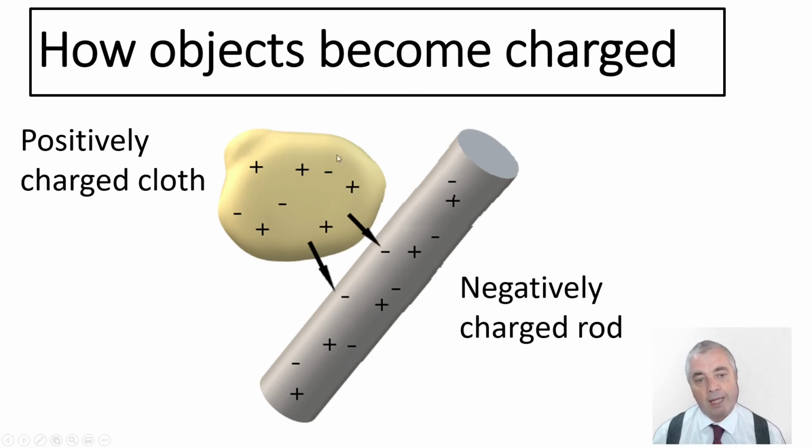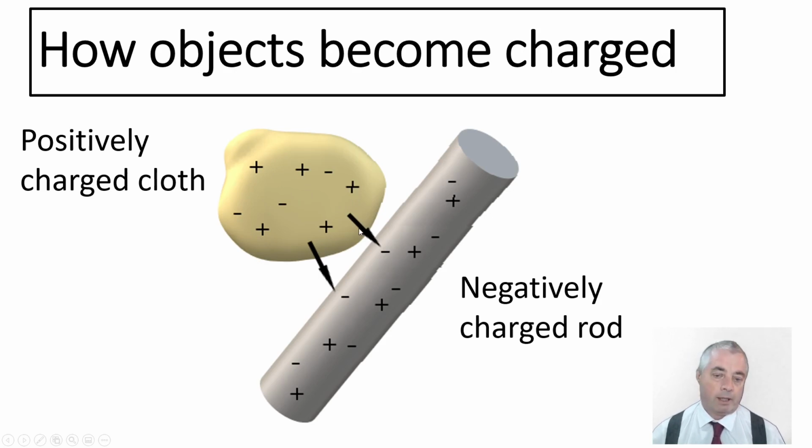Here we have a cloth that's made of a fabric, and we have a rod. And in this particular instance, when the cloth rubs along the rod, some electrons move from the cloth to the rod. Now, if that happens, and it's illustrated in this diagram, there will be more positive charges in the cloth because some of the electrons have moved away.